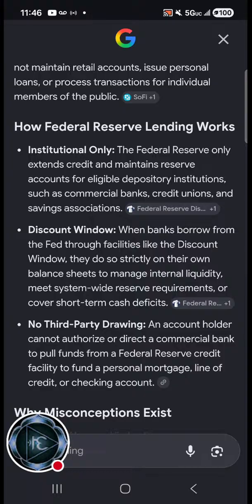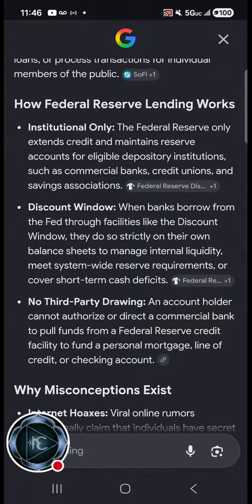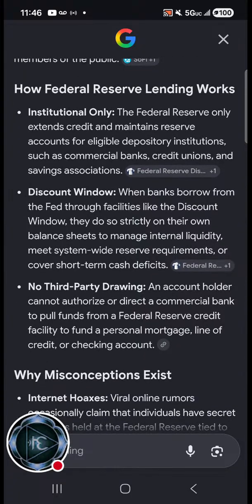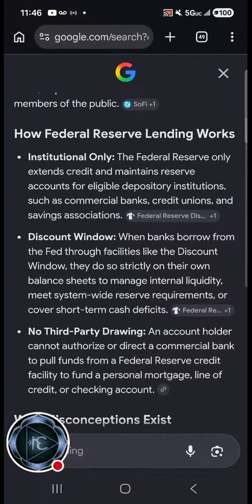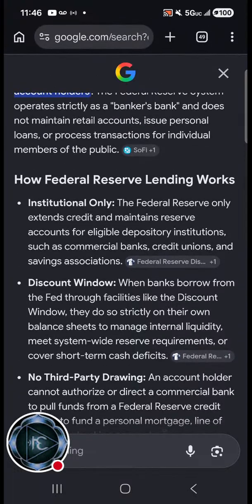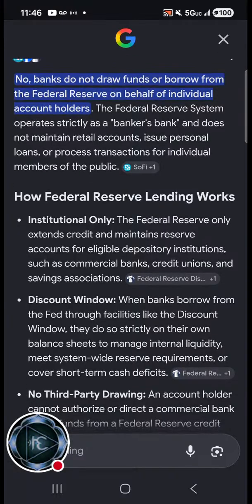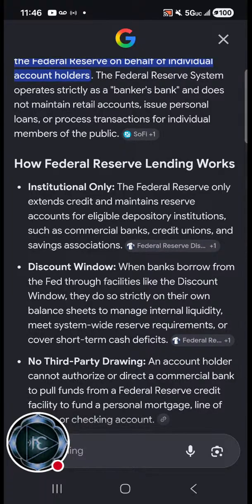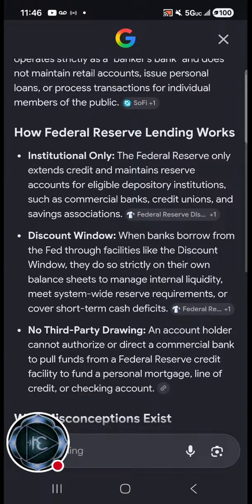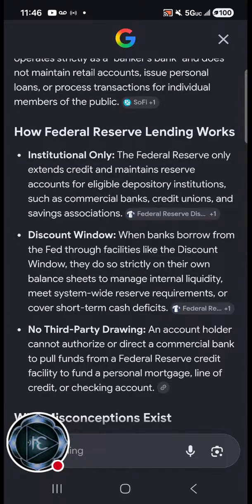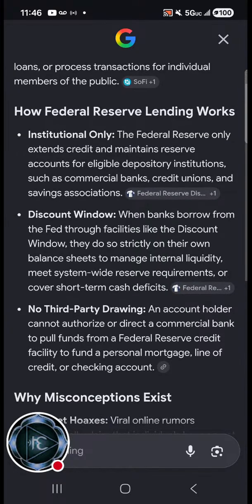The Federal Reserve only extends credit and maintains reserve accounts for eligible depository institutions. Well, for one thing, it speaks about the discount window, where banks borrow from the Fed. They do so strictly on their own balance sheets to manage internal liquidity and meet system-wide reserve requirements or cover short-term cash deficits.